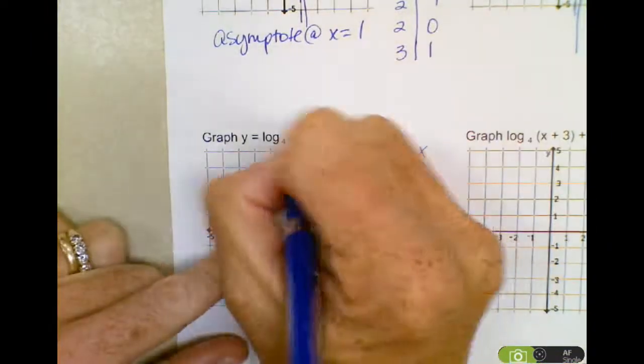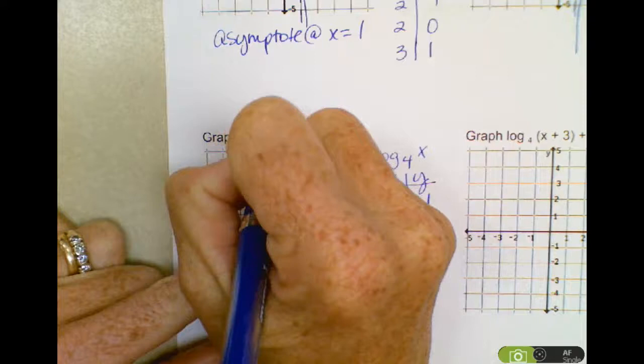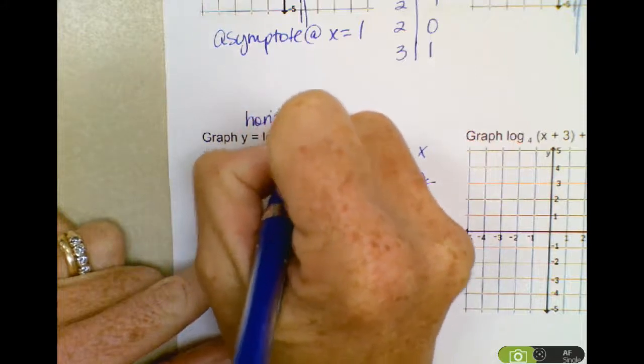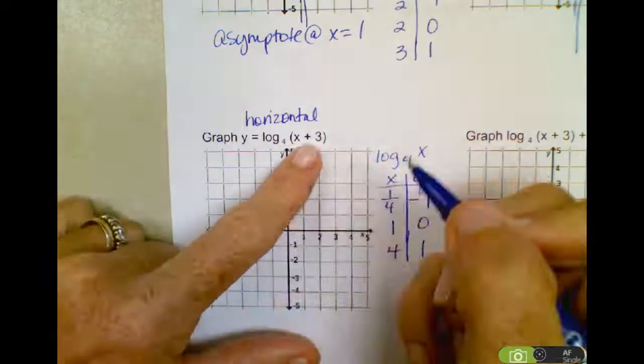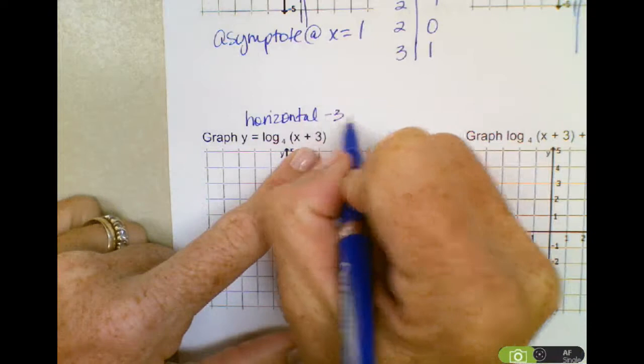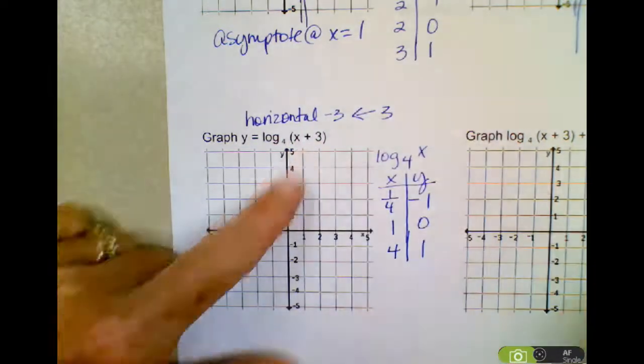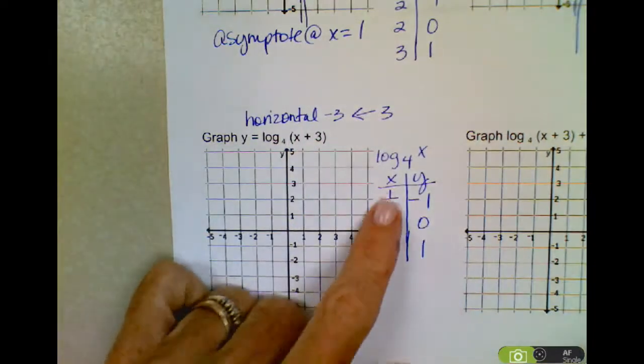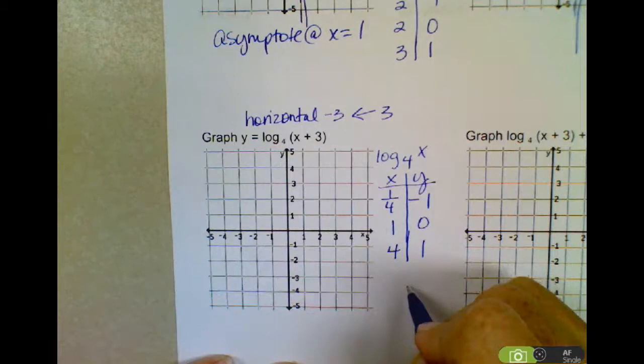But now, what is happening to each of those values? Okay, so you should be telling yourself that's a horizontal shift, and this time it's going to be -3, so it's going to shift to the left 3. So I'm going to decrease each of my x values by 3.